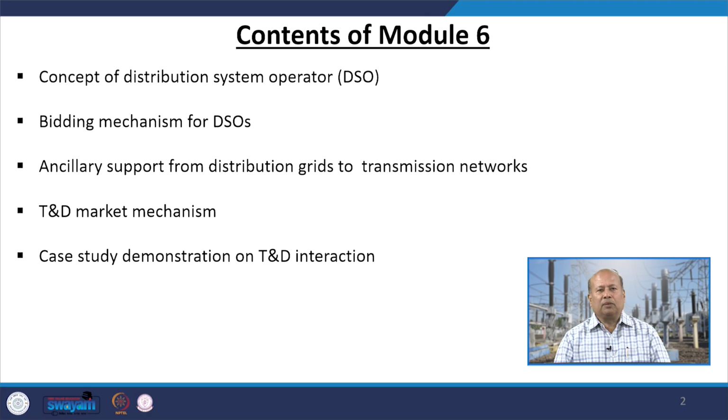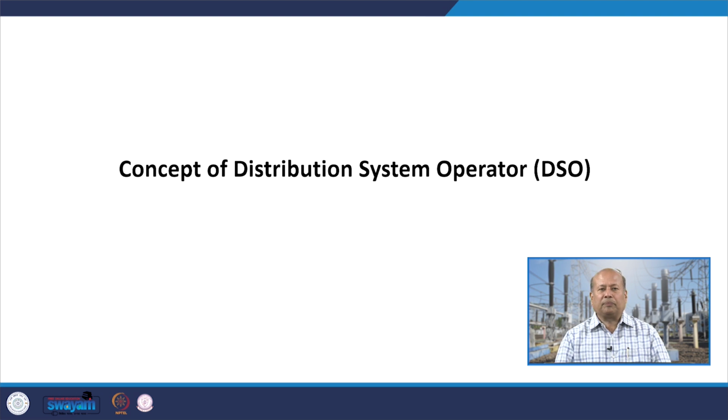We'll also learn what the mechanisms of the bidding process within a DSO are, what kind of ancillary support may be provided by the distribution grid to the transmission network, and what kind of transmission and distribution market mechanisms exist today. And then we will get into a case study demonstration on transmission and distribution interaction.